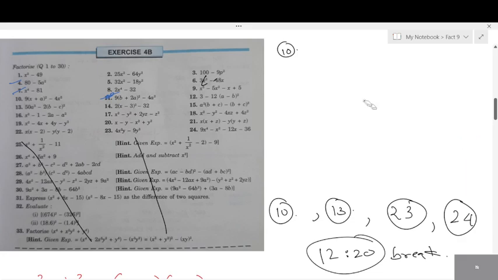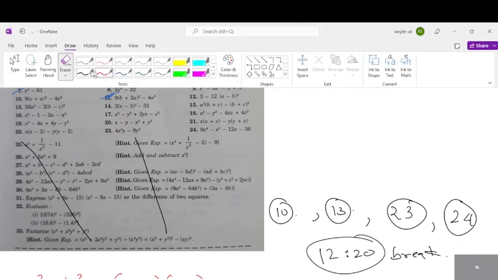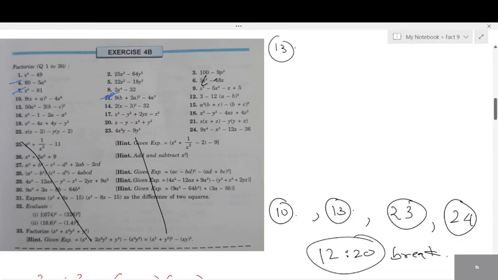13th question. 3 minus 12a. See, we know 3 is not a perfect square, 12 is not a perfect square. So first factorize, normal factorization. What is common, students? What is common to them? 3 is common. 1 minus 4, a minus b the whole square.